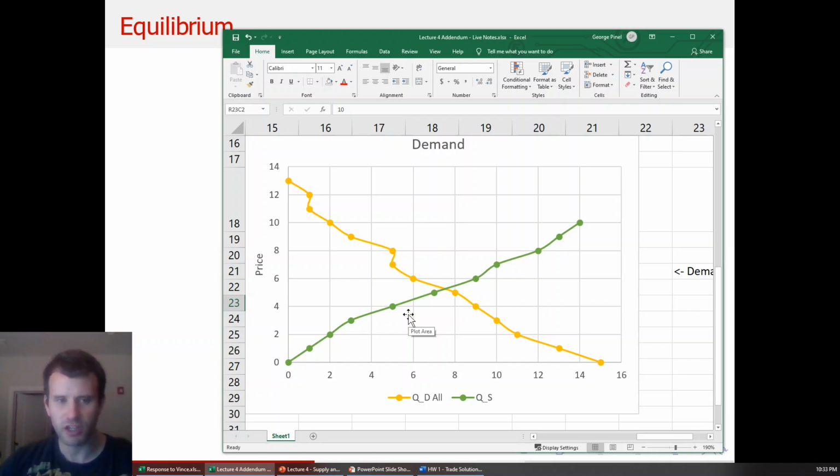So as long as someone's willing to supply it for a price that's less than or equal to what you're willing to pay for it, you should be buying that hot dog. And right where they intersect, that's the point at which there's really no one who wants to buy for a price higher than someone is willing to sell.